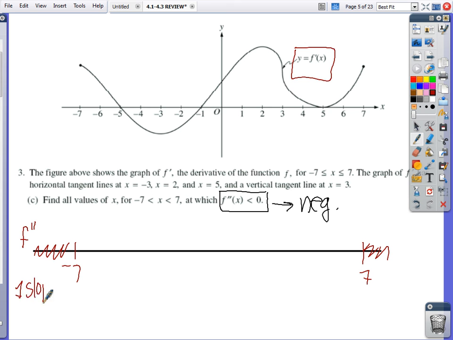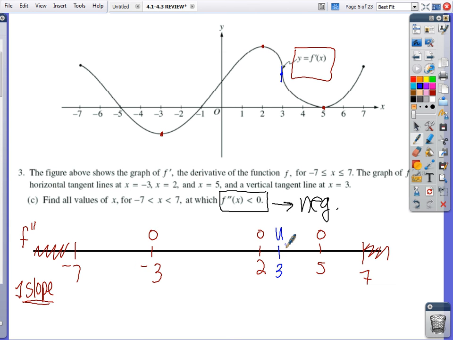So I'm literally going to look at slope. I have to look for where the slopes are 0. They gave us those values: -3, 2, and 5. The slopes are 0, 0, 0. You're going to look for where the slopes are undefined. Remember, your slope was undefined at 3.